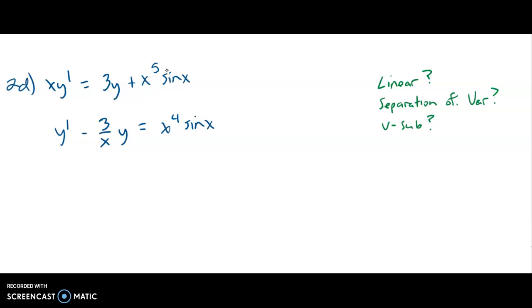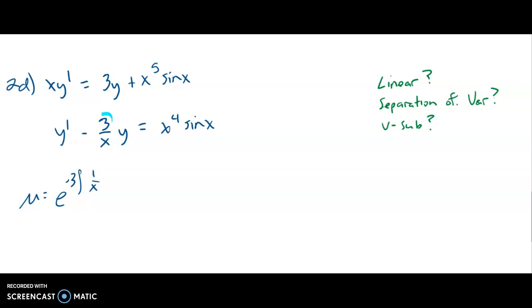Okay, so look, it is linear. It's in its normalized form. So I'm going to go ahead and calculate mu. Mu is equal to e to the integral of, I'm going to pull the negative 3 out front, times 1 over x.